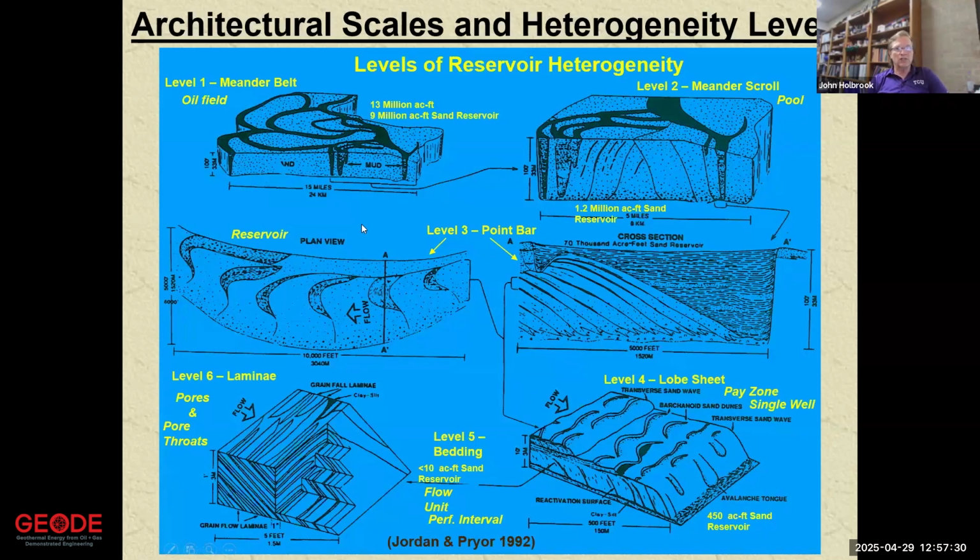So for instance, just as an example, if you're pumping a flow through the whole Wilcox, and through valleys or something, you might be working at a high level architectural scale made up of channel bars that have made channel belts.